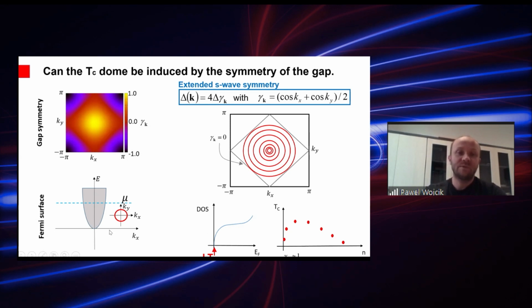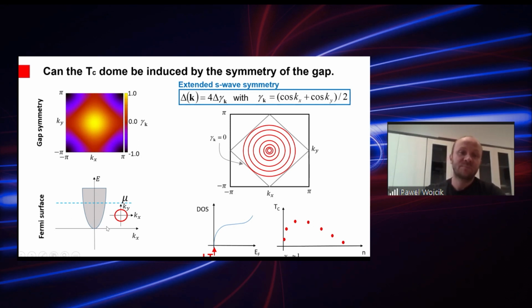If we change the chemical potential and start here near the Lifshitz transition, the Fermi surface is a very small circle, at kx and ky equal to 0, 0. But here the symmetry factor is equal to 1. So we have a very low density of states, but superconductivity is induced because the symmetry factor is equal to 1.